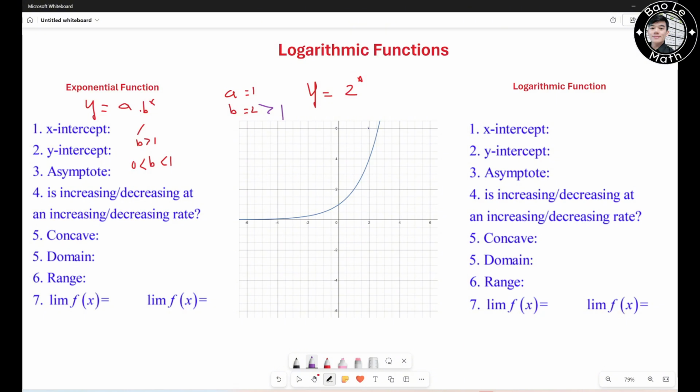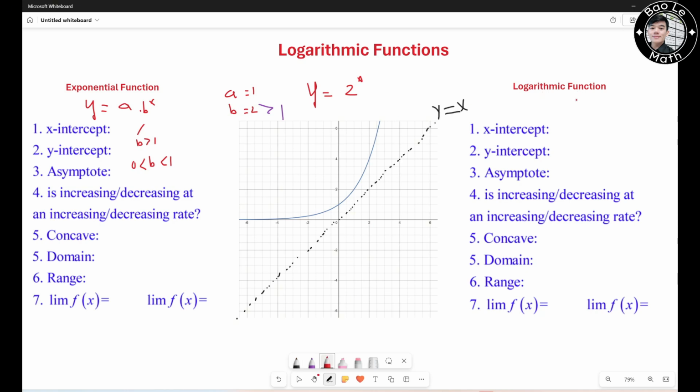How do we find the logarithmic function? We know that the exponential function is the inverse of the logarithmic function, and the logarithmic function is the inverse of the exponential function. If both functions are inverses, they will reflect each other over the line y equals x. So I'm going to draw y equals x.